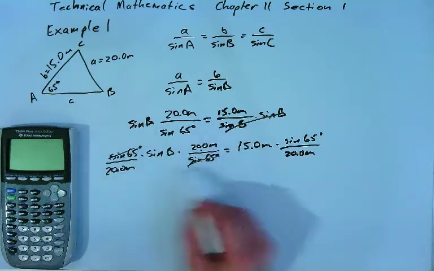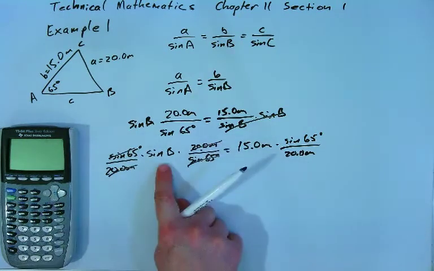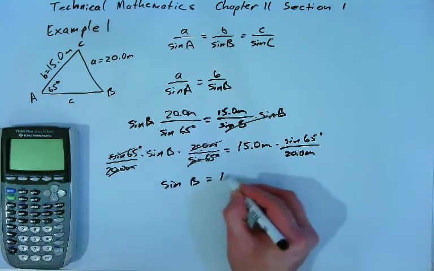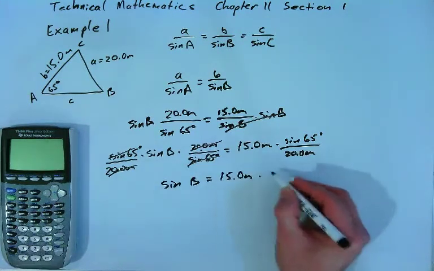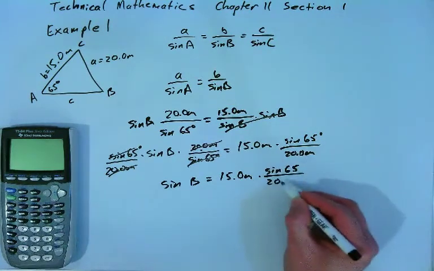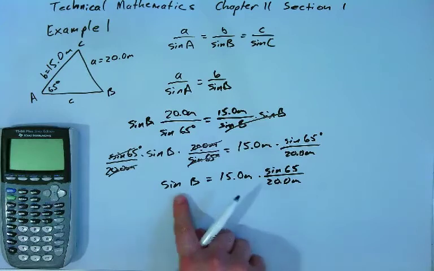That cancels the sine 65, cancels the 20 meters, and we're left with sine B. Sine B will equal 15 meters times the sine of 65 degrees divided by 20 meters.